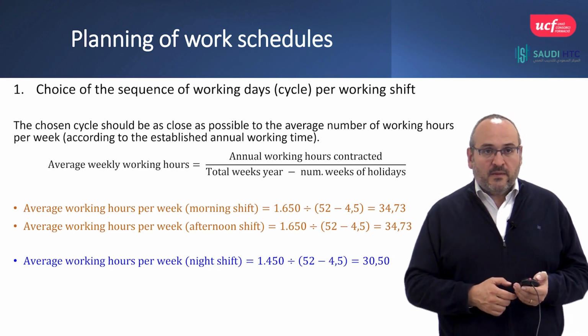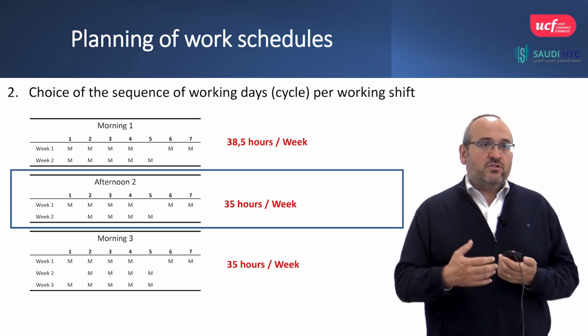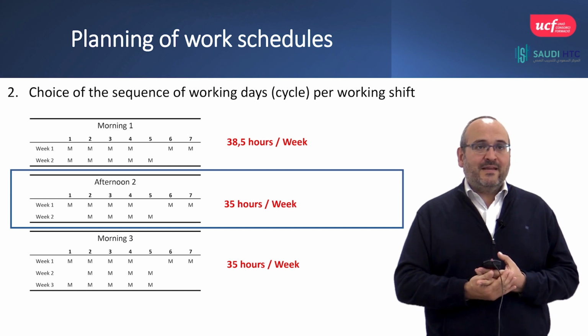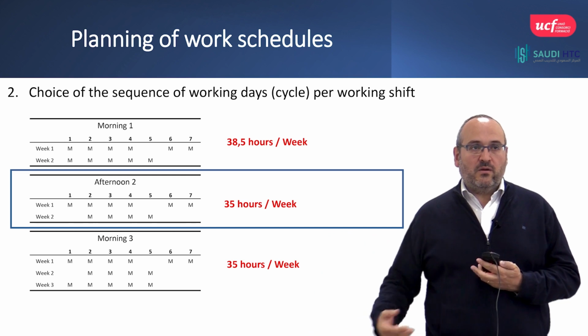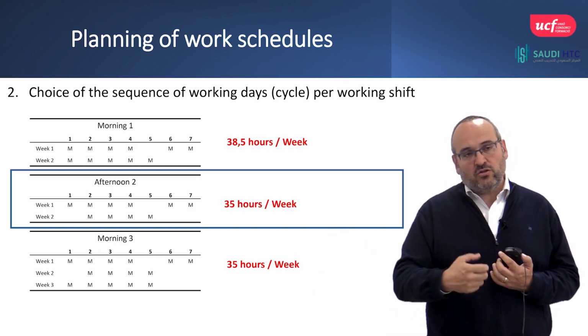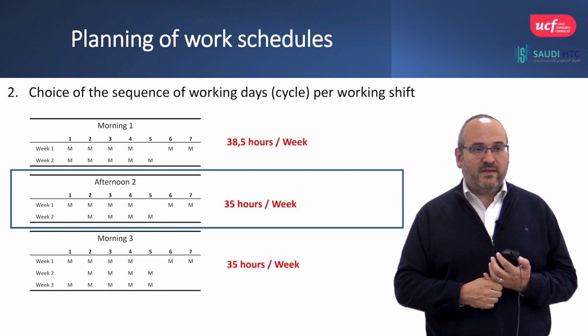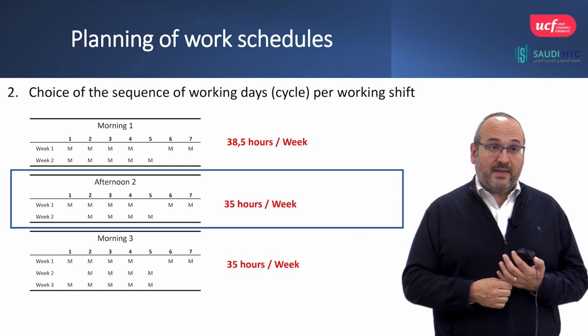In order not to make the case too long, we will keep the example of the morning shift. At this point, we will have to put on the table different timetable options to be able to organize our work, taking into account that these time cycles that we are going to plan are going to generate an average number of hours per week.